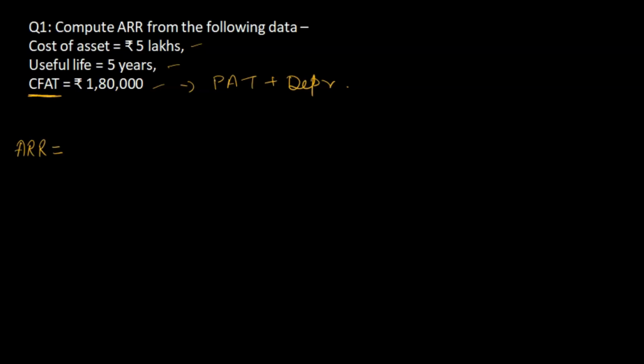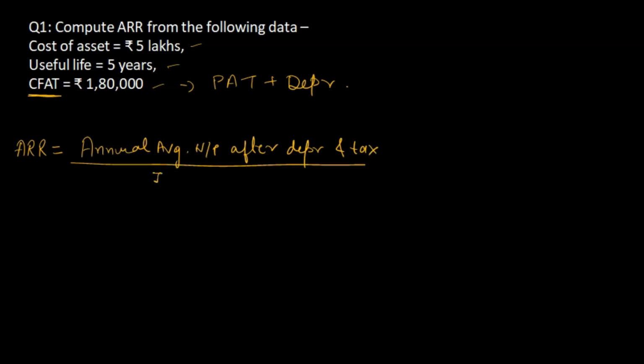For ARR, we have the formula, that is annual average net profit after depreciation and tax, divided by initial investment and multiplied by 100.